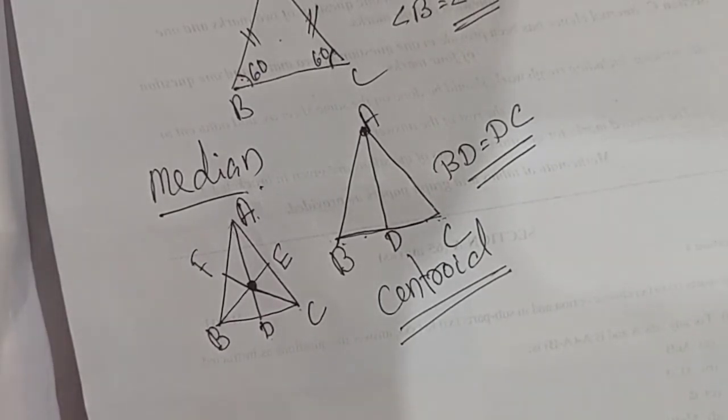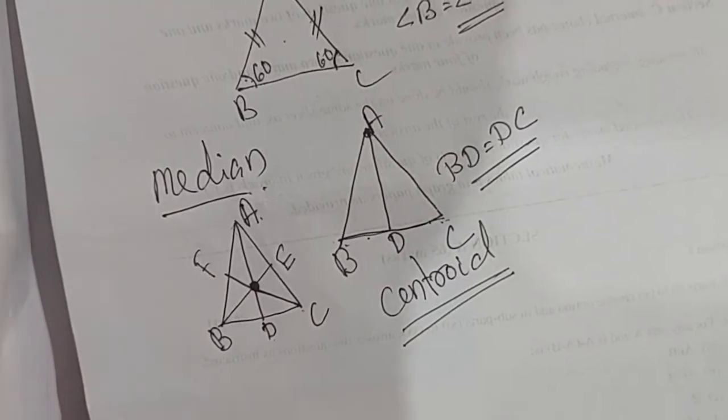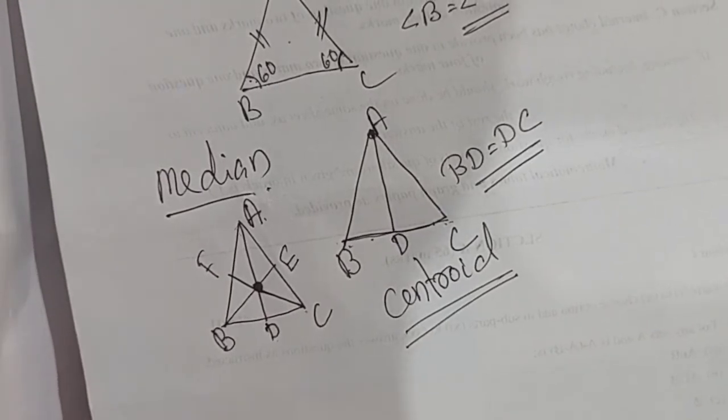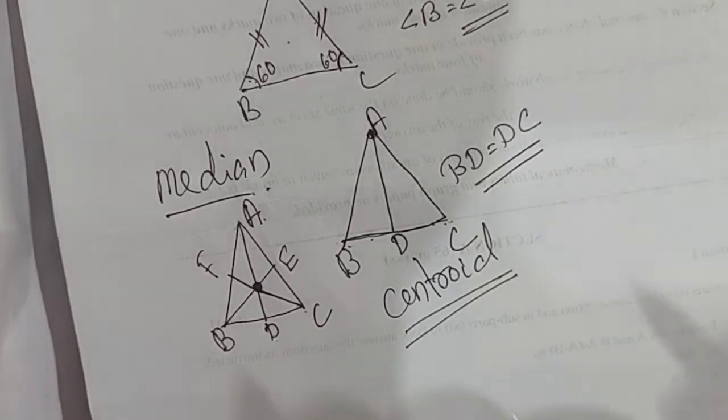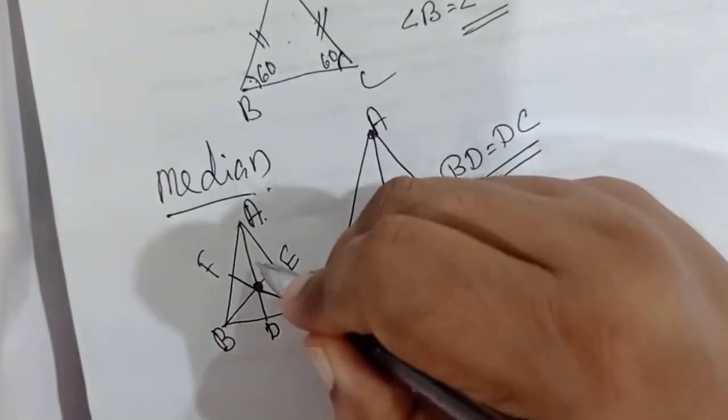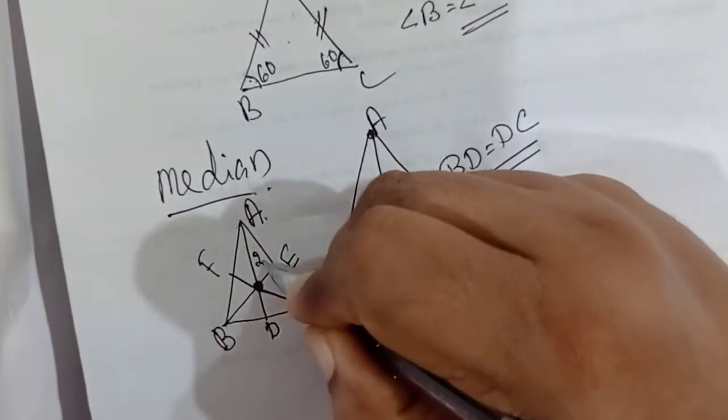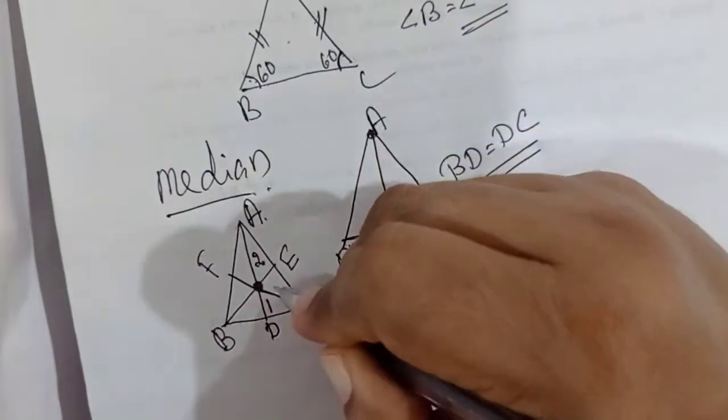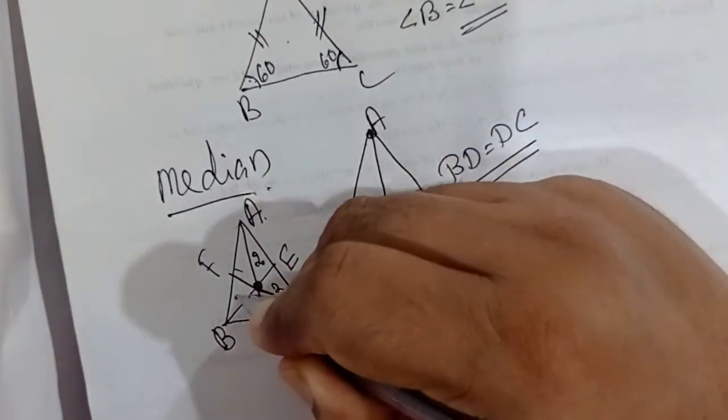Therefore, the centroid of a triangle means the intersection of the medians. And the centroid of a triangle divides the median in the ratio 2:1. If one part is 2, the other part is 1. 2:1 ratio.